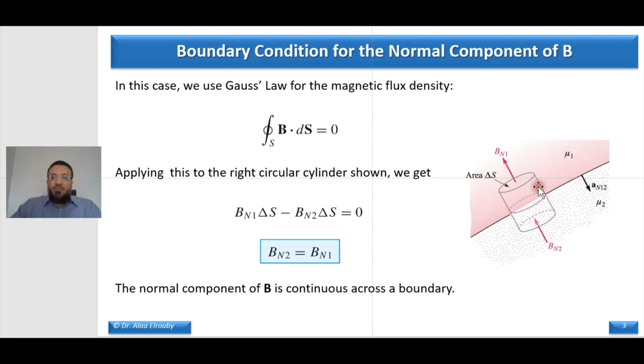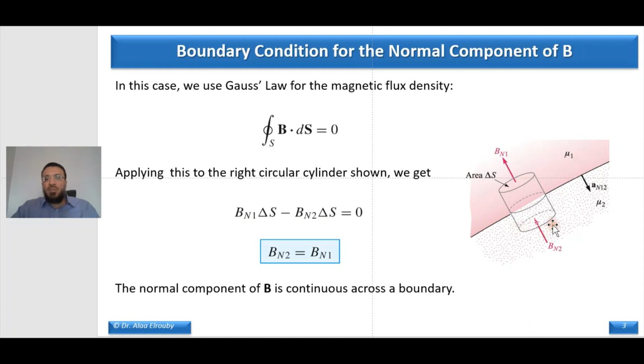The flux out of the top side, which is in medium 1, equals the normal component of the magnetic field multiplied by the area of the top surface of the cylinder. And here B dot ds, as we also said before, the surface is a vector quantity pointing out of the surface. So it's the normal component of field in medium 1 multiplied by the delta S in this direction.